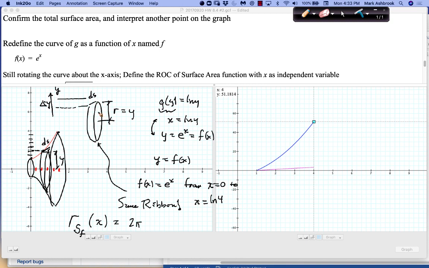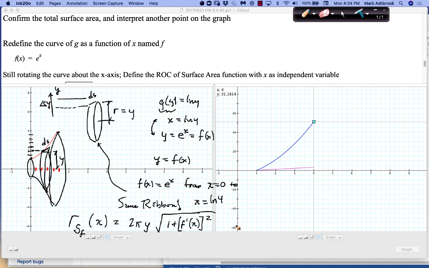What is the radius of our frustums, or radius of our ribbons? Well, it's the same ribbons as before, so it's still 2 pi y. And we'll have 1 plus, now we're using our f, which is a function of x. So it's going to be this.